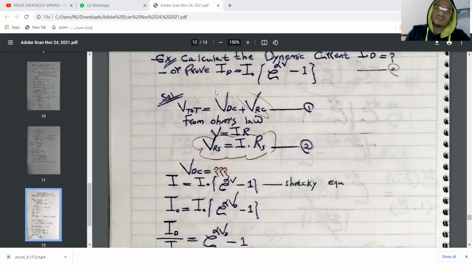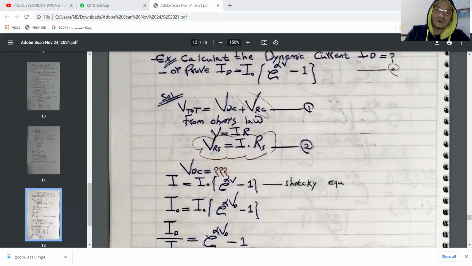Here, we're dealing with two kinds of voltage, dynamic voltage and series resistance voltage. That means V total equals V dynamic plus V series resistance voltage. From Ohm's law, V equals IR, and V_RS we know equals saturation current times RS, that means series resistance times saturation current.